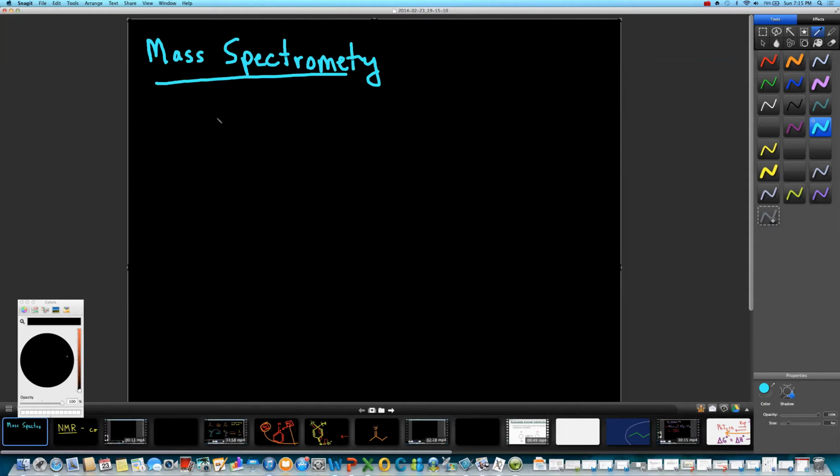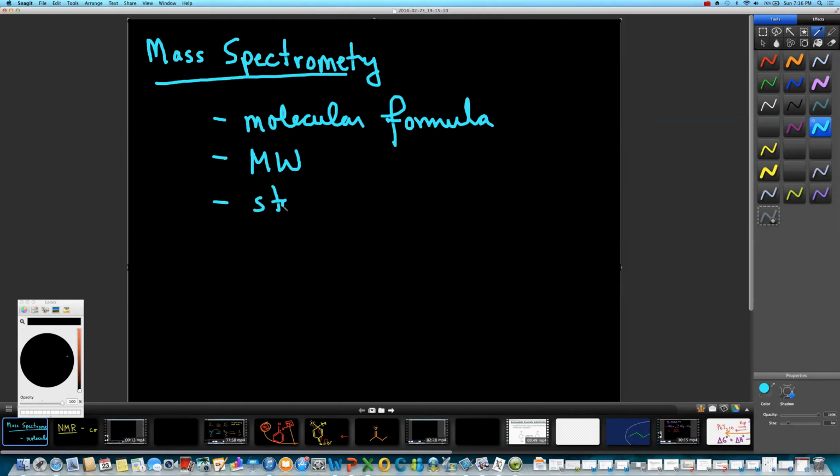So mass spectrometry can tell us the molecular formula. It can tell us the molecular weight. It can tell us about stable, positively charged carbon fragments. Of course, we call those carbocations. And of course, this gives us a lot of really good information.